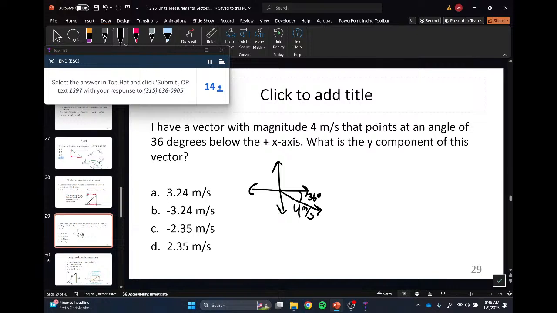Great, there's an arrow. Now you got to turn it into a triangle.